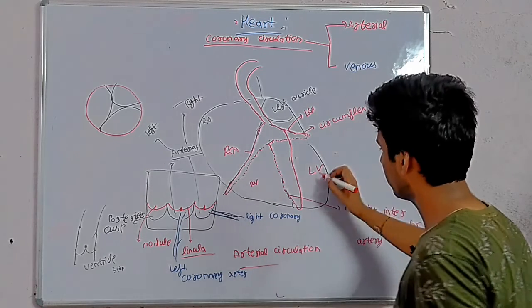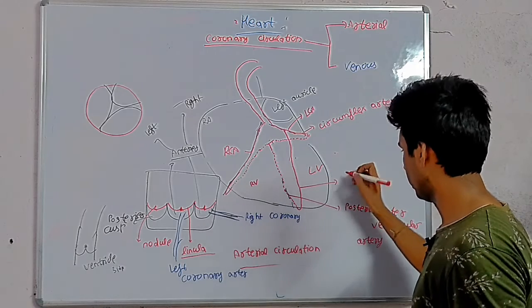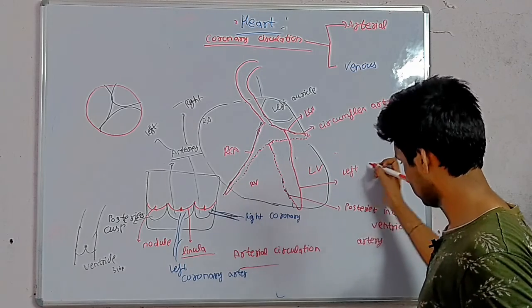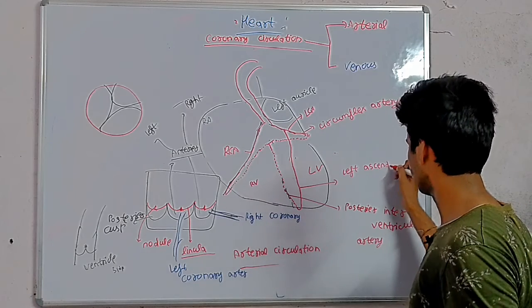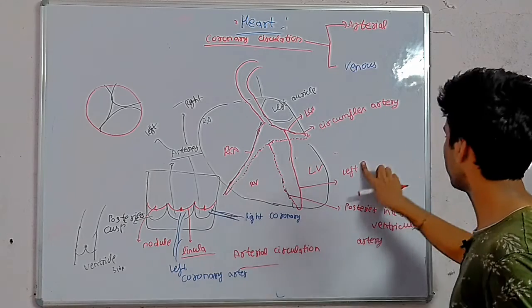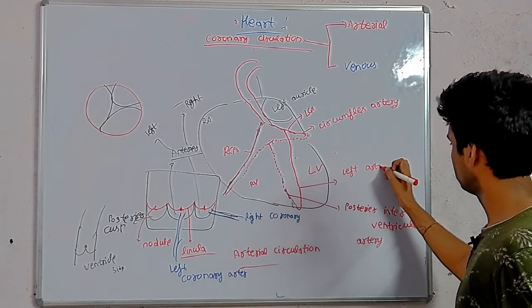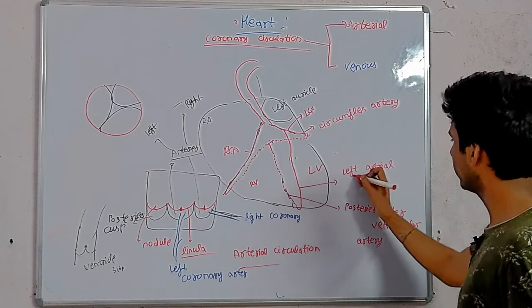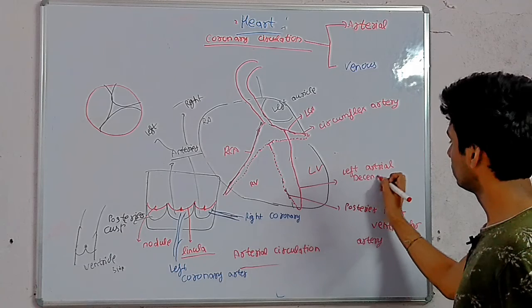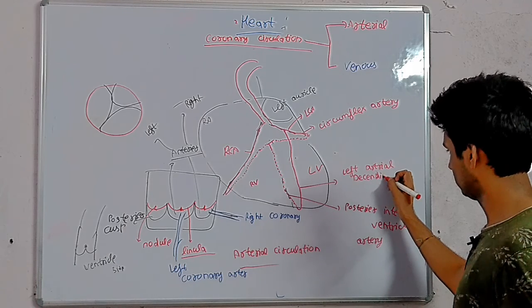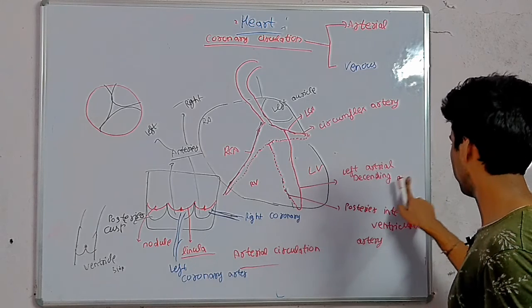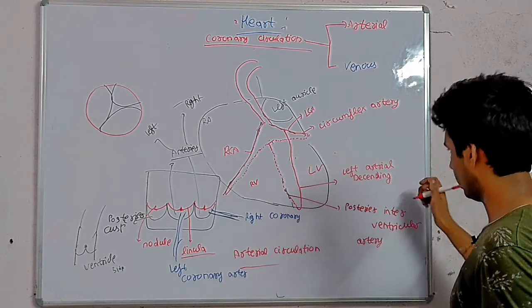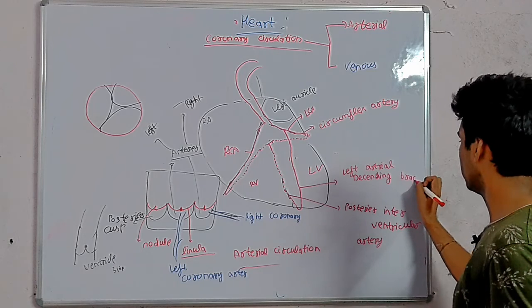Its branch is the circumflex artery, and this is called the left anterior descending artery branch, in short LAD.